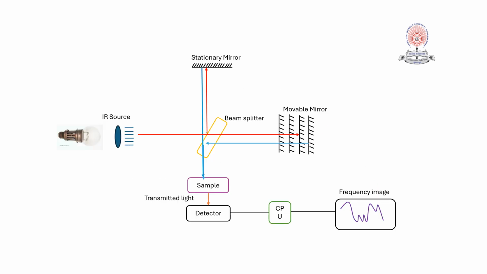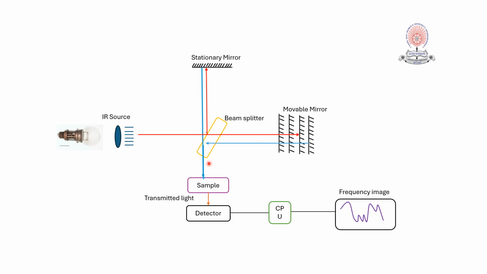This is the schematic diagram of an FTIR. There is a source of laser. The laser light enters through a collimator that produces parallel beams. The IR radiation falls on the beam splitter that splits the light into two components. Then the light reflects back from the stationary mirror and the moving mirror.